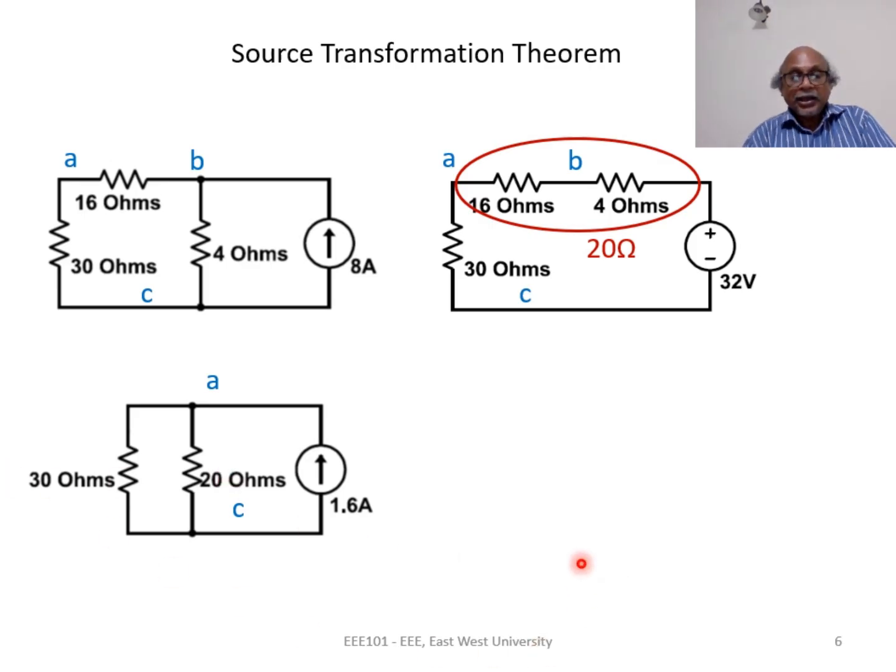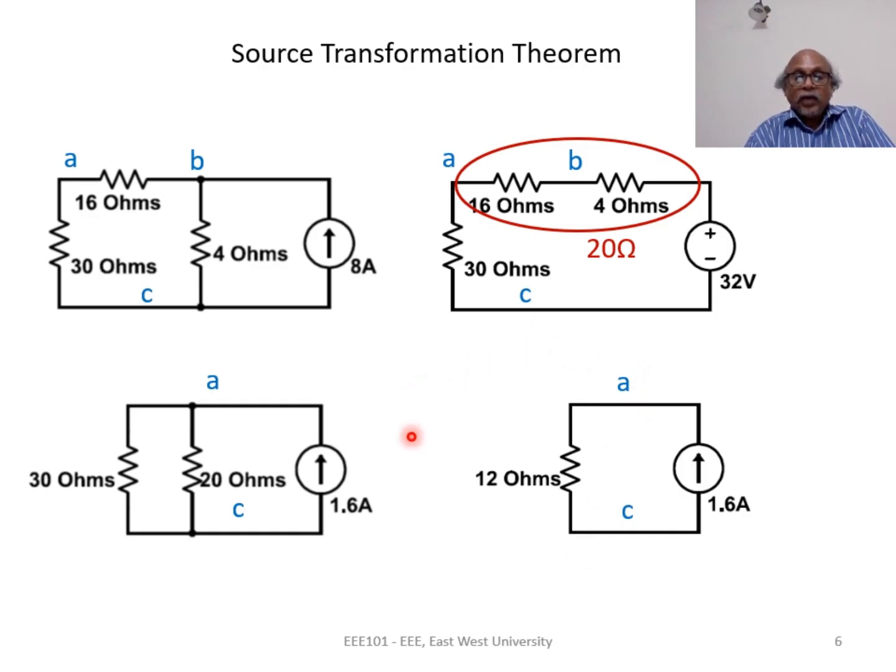If we combine them in parallel, we get 12 ohms. So this is the circuit after this round of simplification. Node B has vanished. We have only node A and C here.